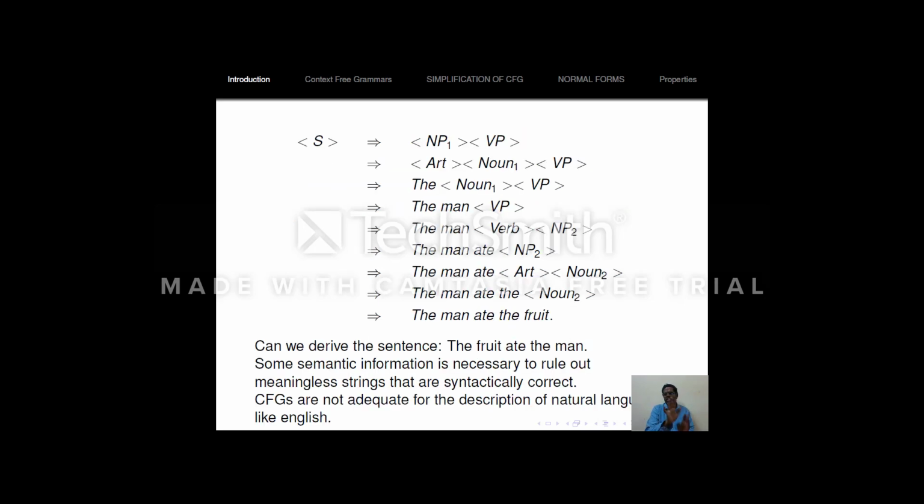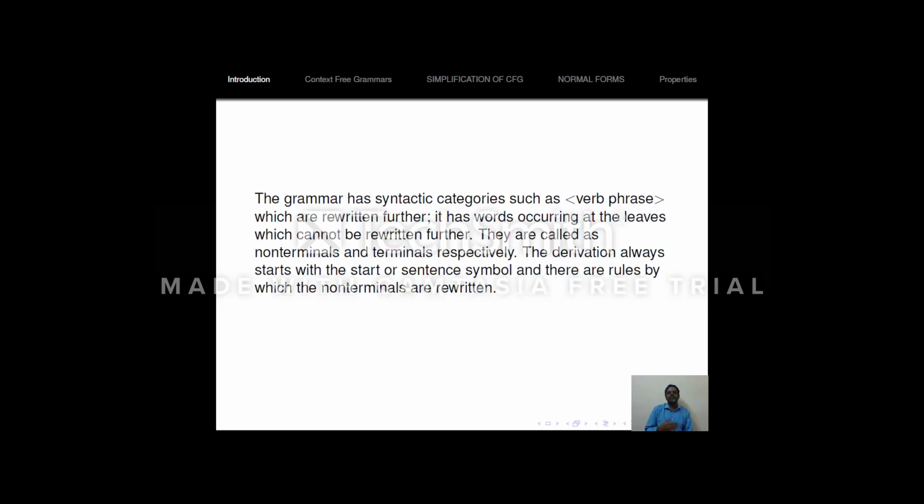So with this discussion, we'll be having a clear-cut understanding of how grammars generate sentences or how grammars generate words. As we just discussed, the grammar has syntactic categories such as verb phrase, which are rewritten further.